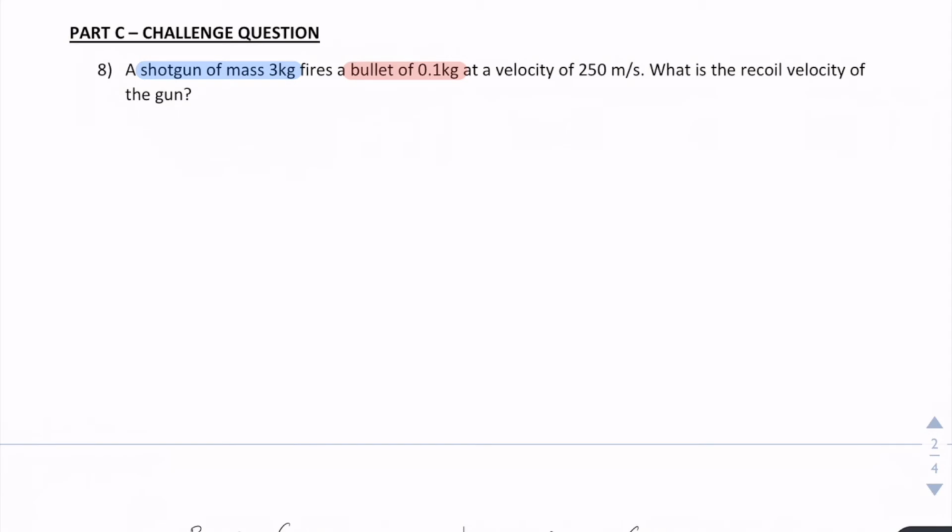Let's imagine a shotgun being fired. Initially, neither the shotgun nor the bullet has any speed, especially in this question. However, after it's been fired, the bullet begins to move at 250 meters per second. And as it's fired, the shotgun recoils. So that's its velocity after the collision. If we go back to our 3 types of collisions, recoil was the 3rd type.